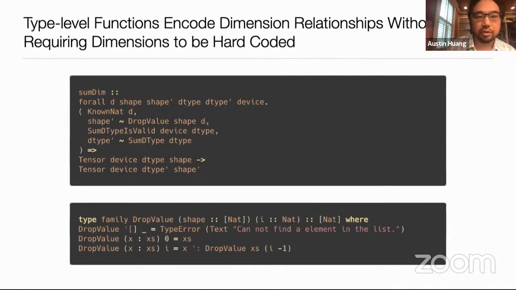You don't have to hard code that your input dimension is exactly some numerical value. You're just encoding the relationship between inputs and outputs. Furthermore, this is done at the library level, so an end user can come along and take advantage of all the invariants that we've written into the type level representations of these functions. They don't have to figure these out from scratch. This is in the library implementation.